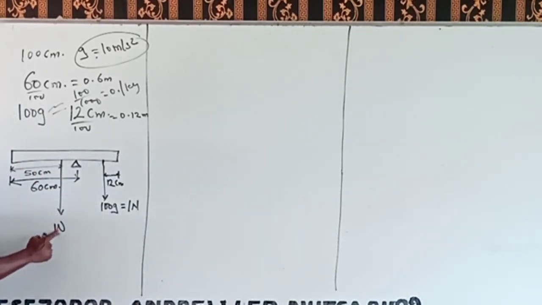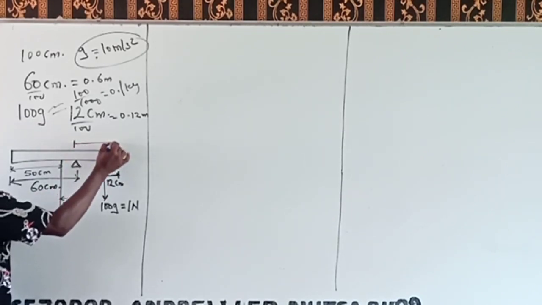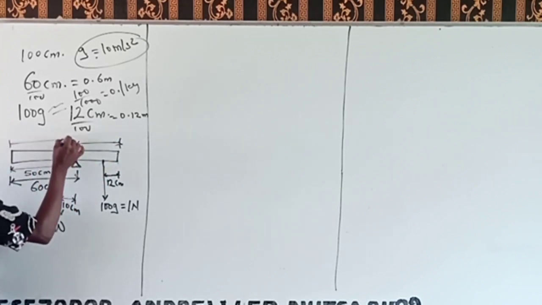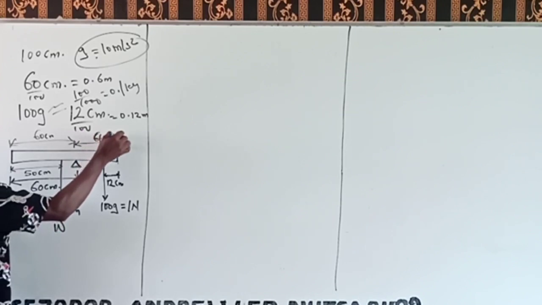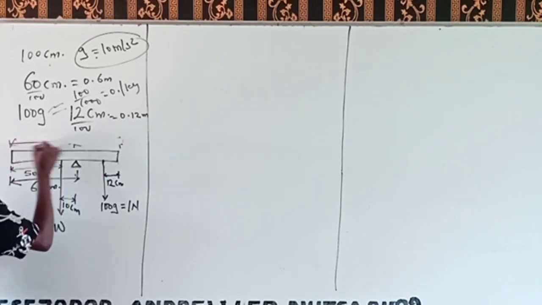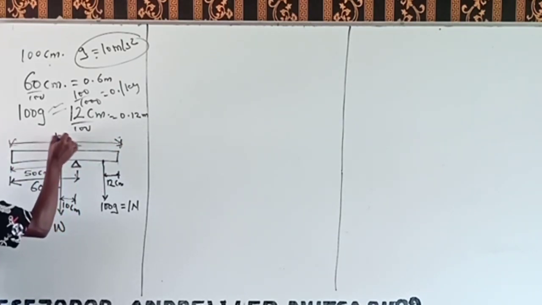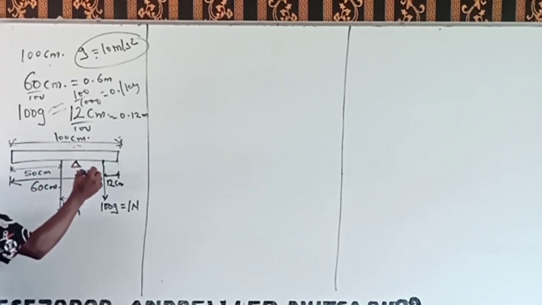So the weight will act this way, and this is the weight we are looking for. From here to here will be 10 cm, because from here is 60 and from here is 50, so 60 minus 50 is 10 cm. Then from here to here will be 40, since everything is 100 cm and 100 minus 60 gives us 40.